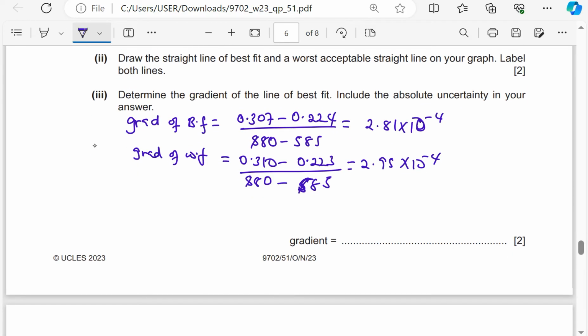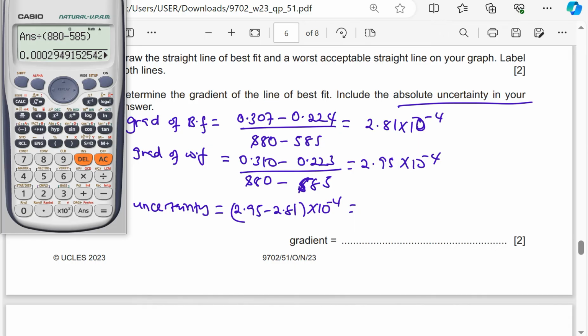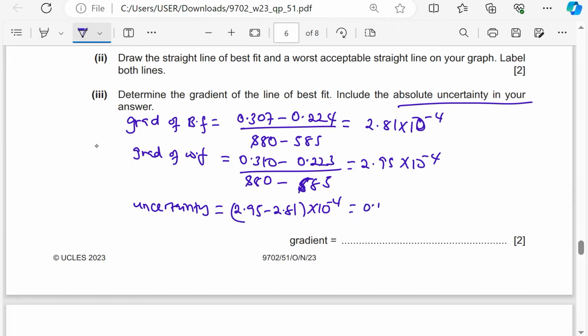Then they said include the absolute uncertainty. So we'll tell the examiner that uncertainty equals the difference between those two. So it is 2.95 minus 2.81, of course, times 10 to the power of minus 4. So that is 0.14 times 10 to the power of minus 4.